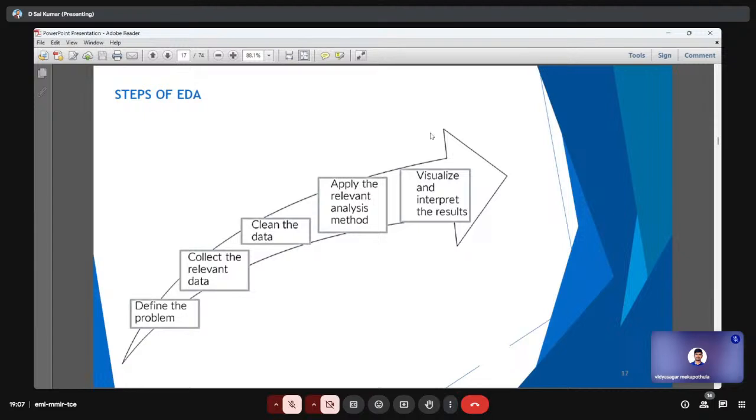Similarly, we have the tail method, and in order to describe the complete data set, we use describe. So these are some of the descriptive statistics. We'll see how exactly we use this descriptive statistics in order to understand some mathematical foundation.